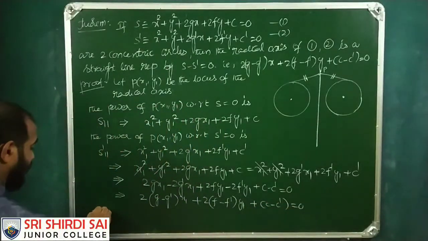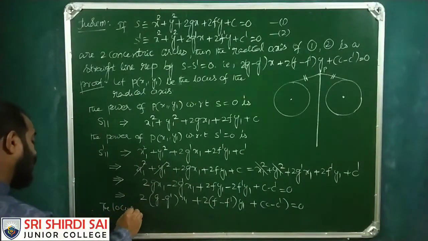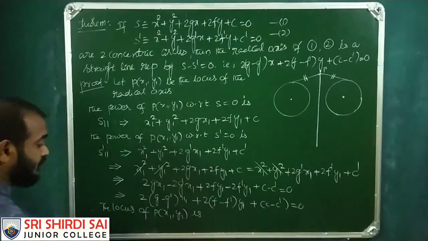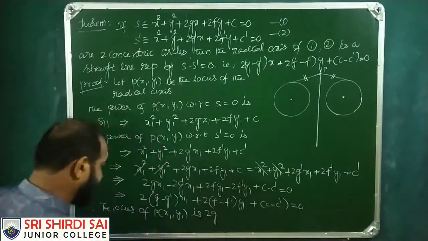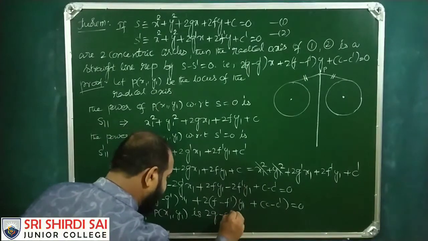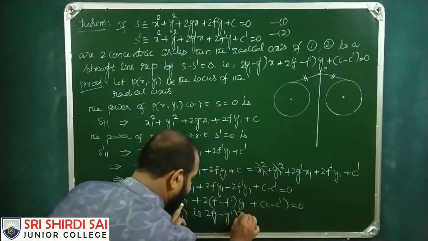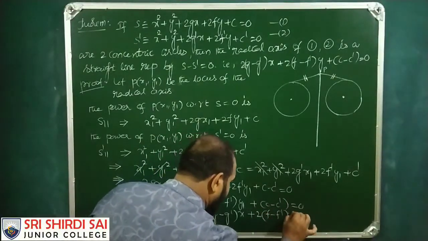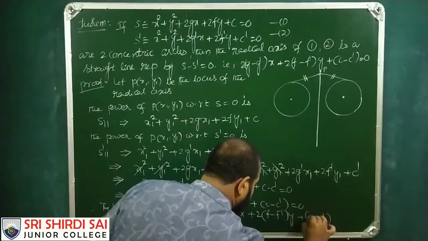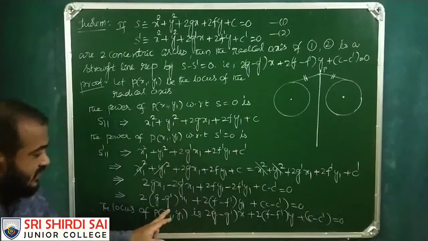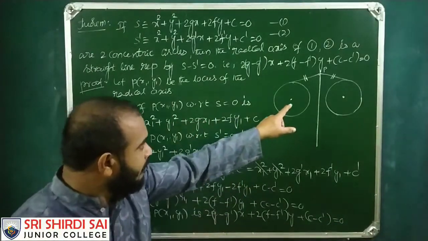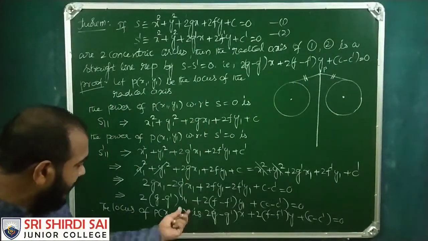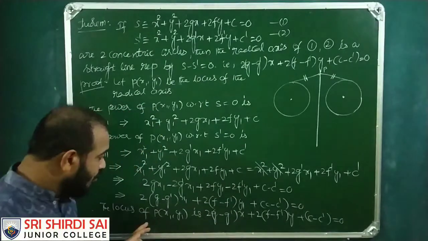Therefore, the locus of P(x1, y1) is 2 into (g minus g dash) into x plus 2 into (f minus f dash) into y plus c minus c dash equals 0. See that this is the behavior of one point in the plane. So the locus of P is obtained by generalizing (x1, y1) to (x, y).